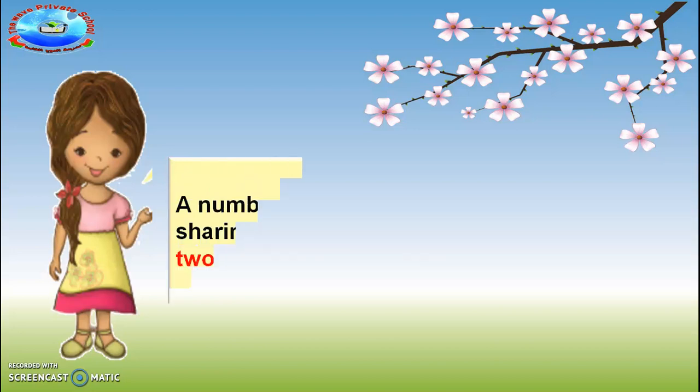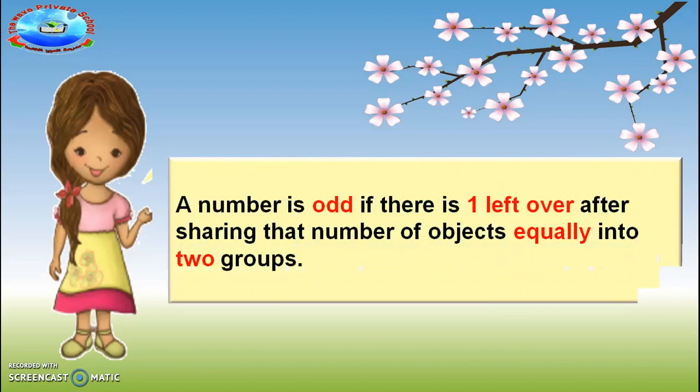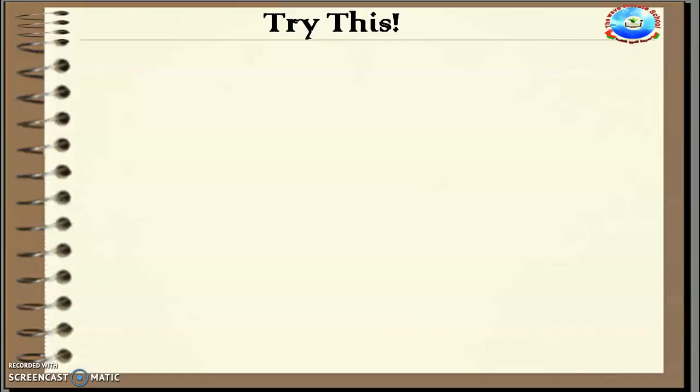That is, a number is odd if there is one left over after sharing that number of objects equally into 2 groups. Yes. Now you have learned how to find if a number is even or odd. Here you have a question. Try this.